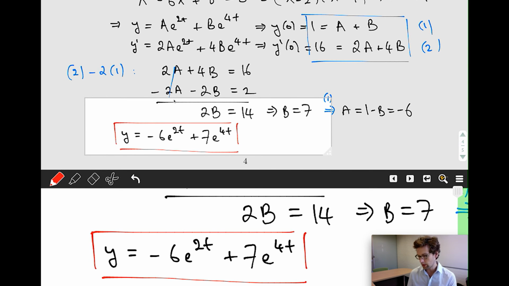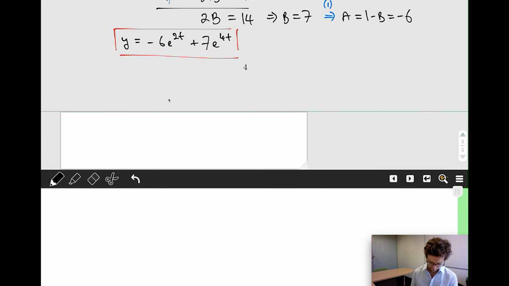However, when we use our Laplace transform method to solve this differential equation, the Laplace transform method is going to use the initial conditions right at the start, and it uses them in the form of y at 0 and y prime at 0. So this problem is beautifully set up for solution using Laplace transform methods.